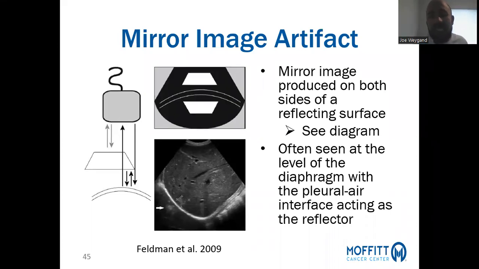What could happen is that the sound wave could leave the transducer, bounce off the structure, and head back to the transducer. That is the proper representation of the object. But what could also happen is that it could travel through the structure, bounce off the reflecting surface, bounce back off the structure, bounce back off the reflecting surface, and then go to the transducer. In this case, the object would appear deeper than the reflecting surface. And this is how this mirror image effect arises.